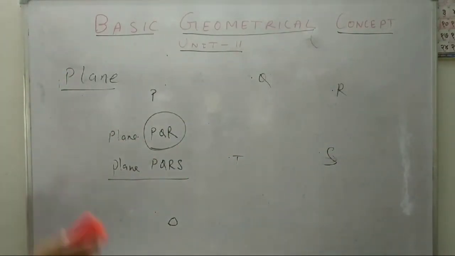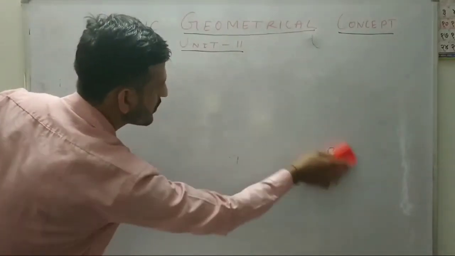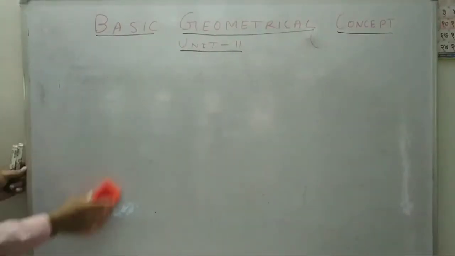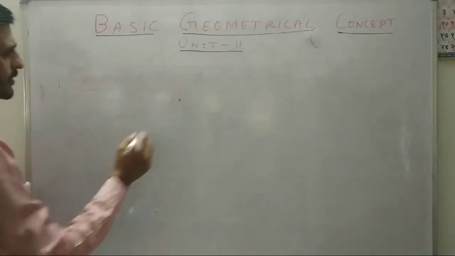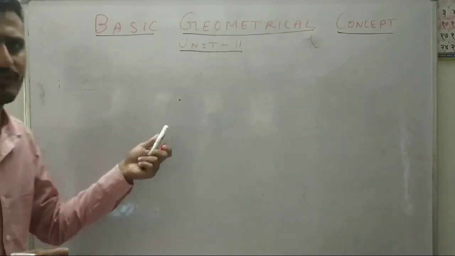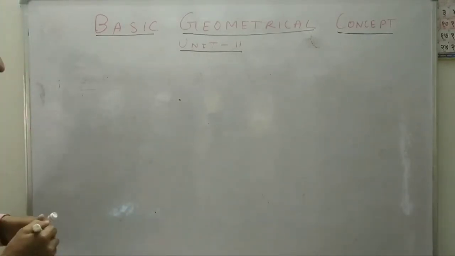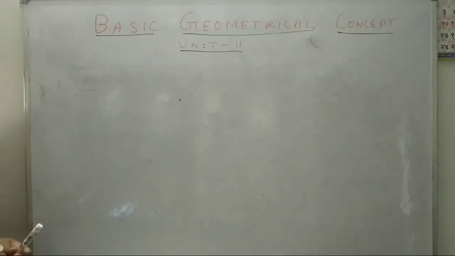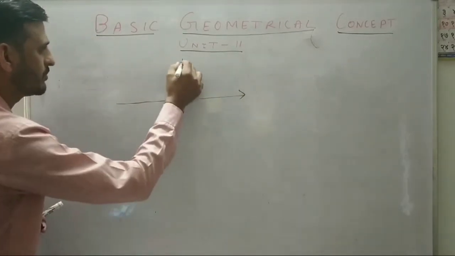Now let us take some important properties of points. What are the important properties of points? Look. Suppose this is a point. As we have discussed, this point does not have any thickness. So from this point, how many lines can we draw? If you see, from this point we can draw infinitely many lines.